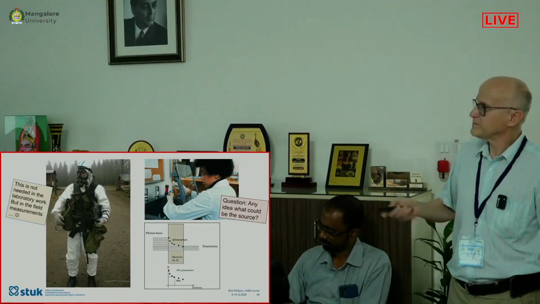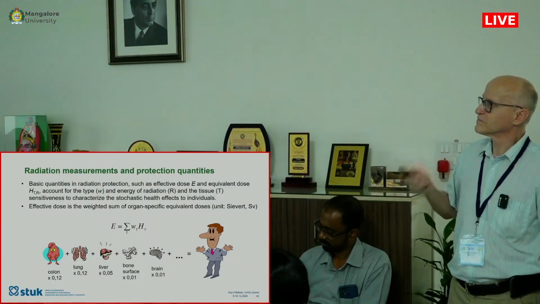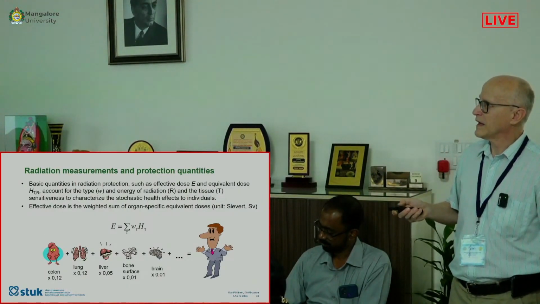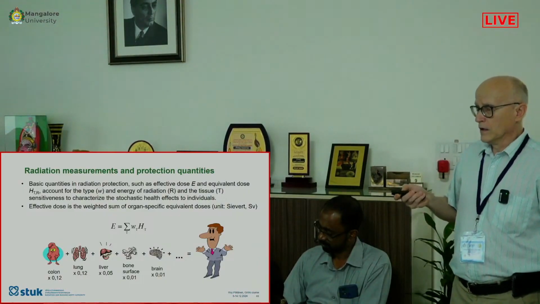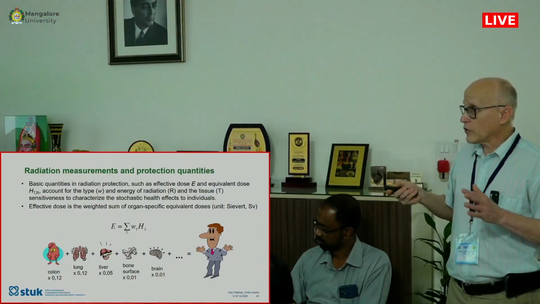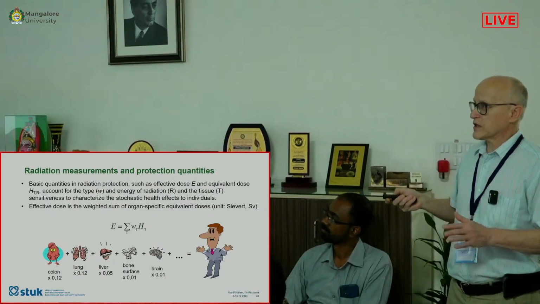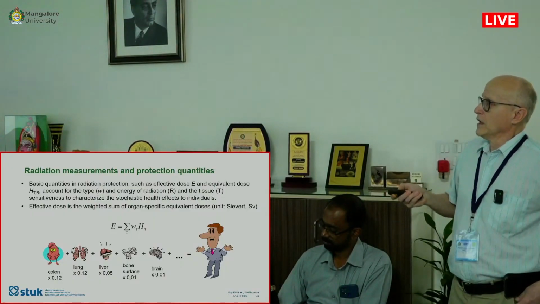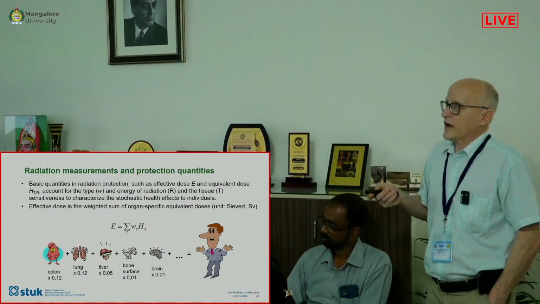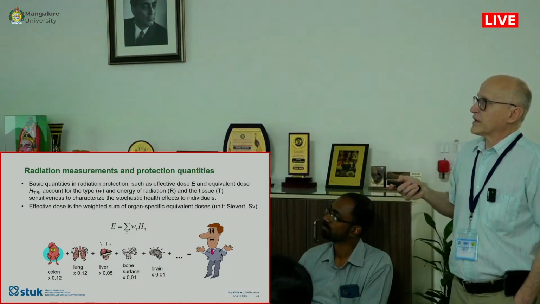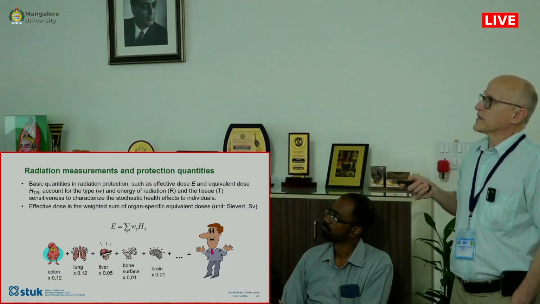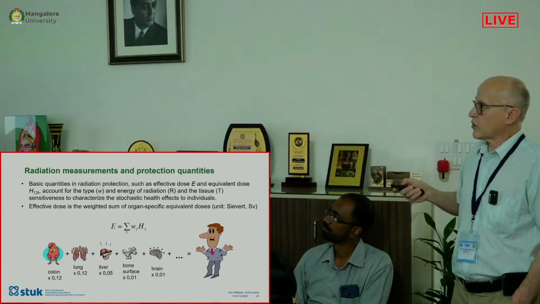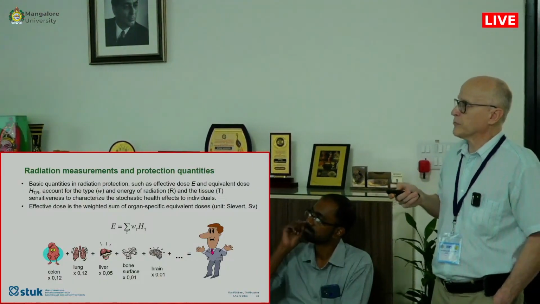All right. I think this is one of the latest slides. So when you are working in the laboratory, you have to know the doses that you receive from radiation, and effective dose is the main quantity that is important. Also, equivalent dose is important.